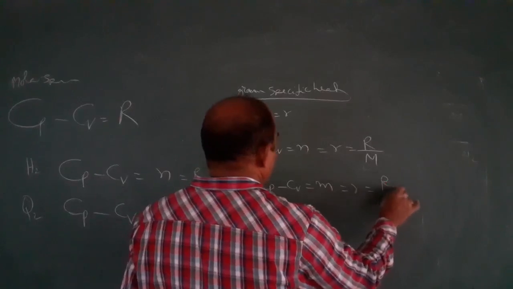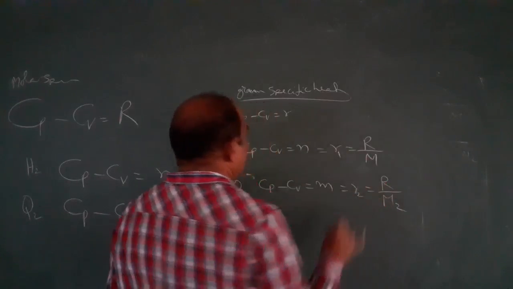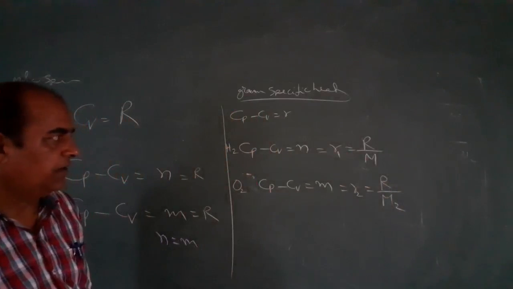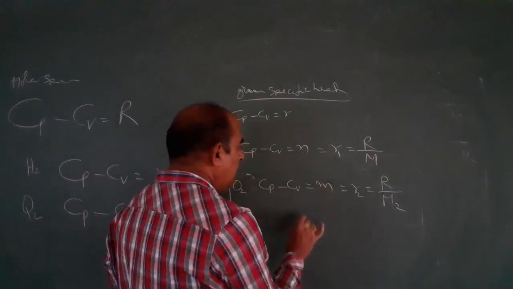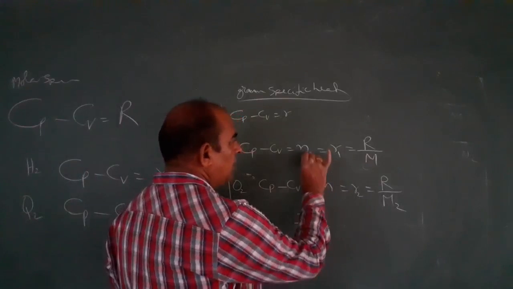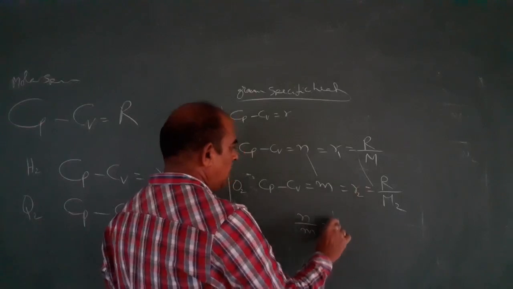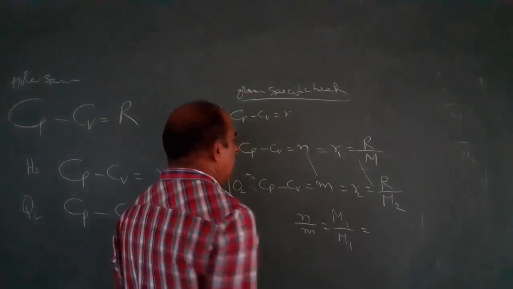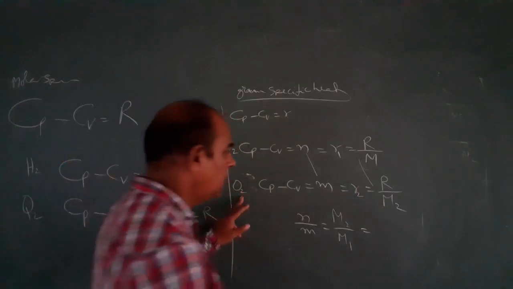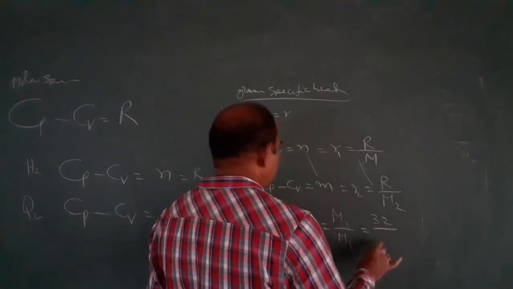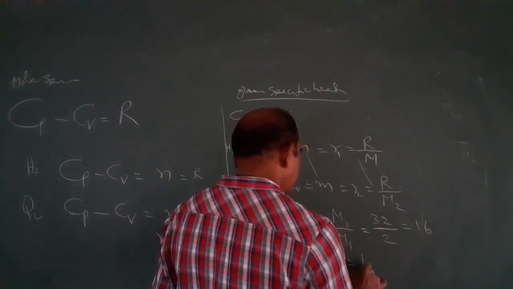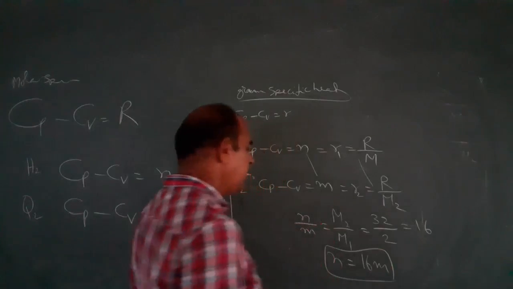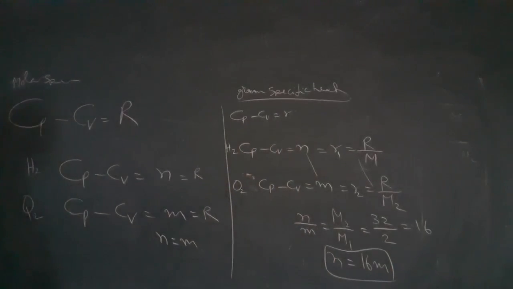Small r is different for different gases; the gas constant is different. Therefore, N by M, dividing these two, R cancels, is M2 by M1. Oxygen molecular weight 32, hydrogen 2. So 16. Therefore, N is equal to 16 M. This is the relation between N and M.